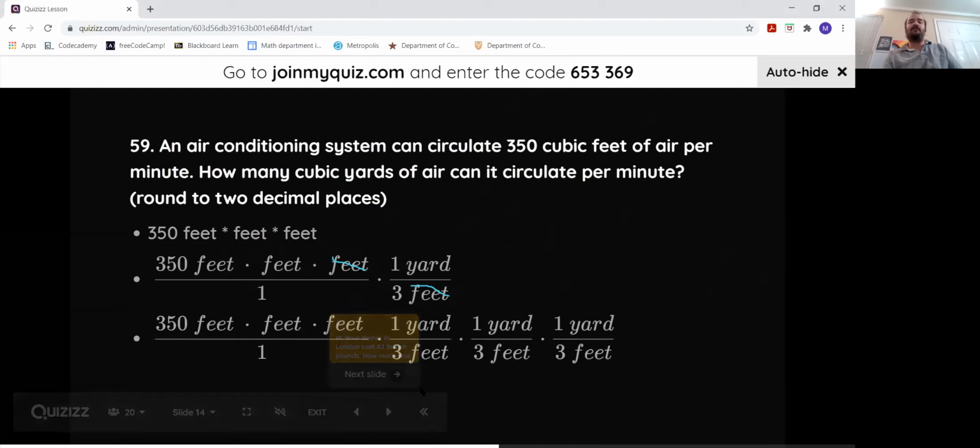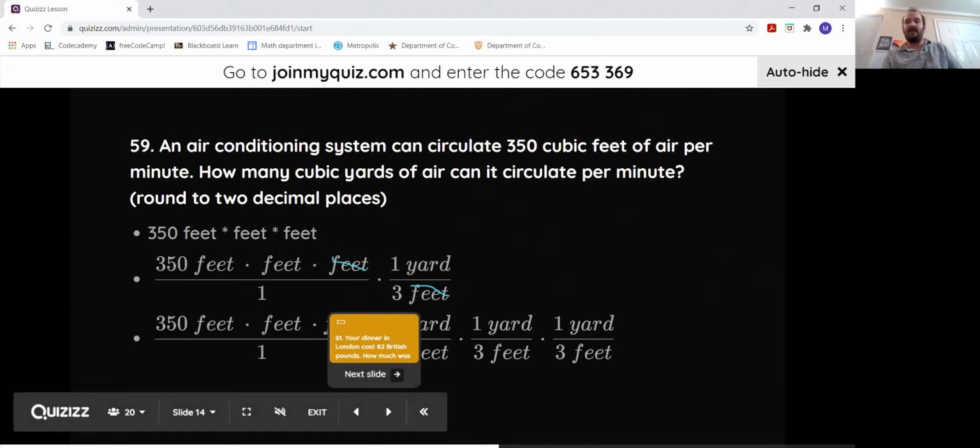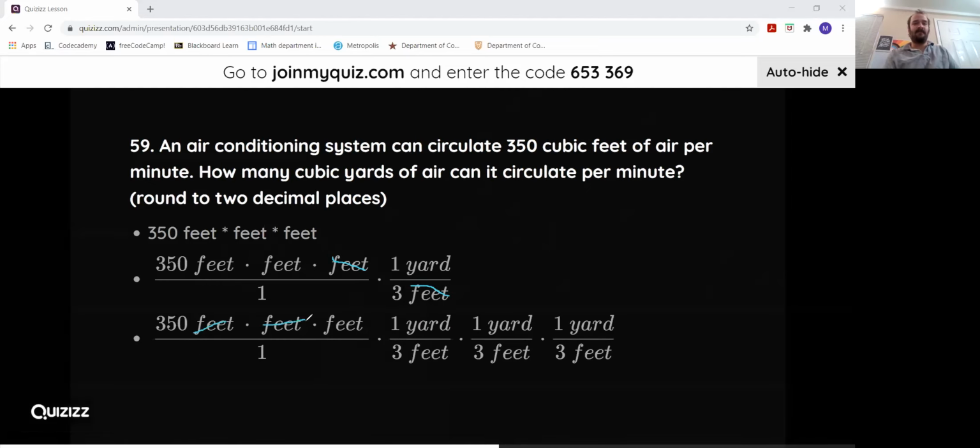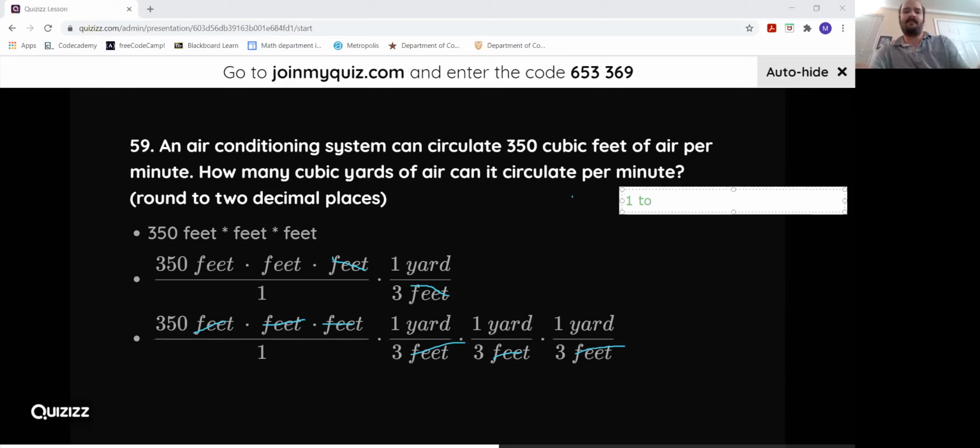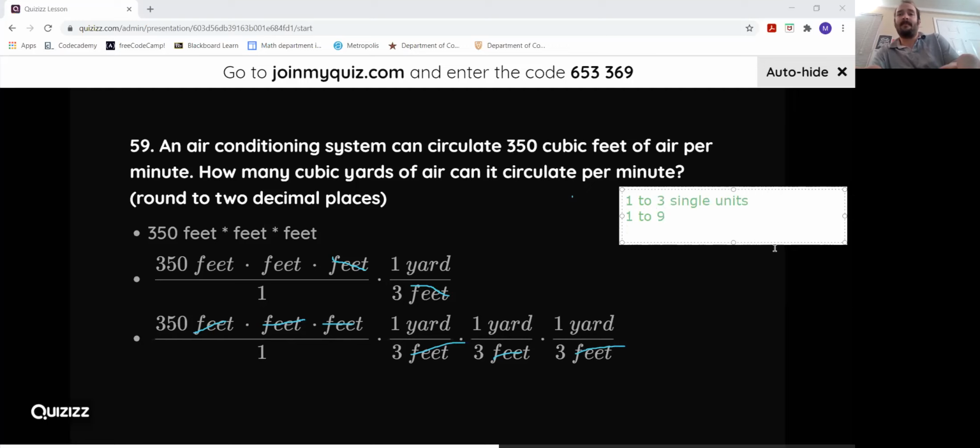This is going back to what we learned in geometry. If we have cubic feet, 1, 2, 3, we have to do this 1, 2, 3 different times to get to cubic yards. When I was talking about 1 to 3, that's for single units. The other thing I was talking about, 1 to 9, where am I getting that?